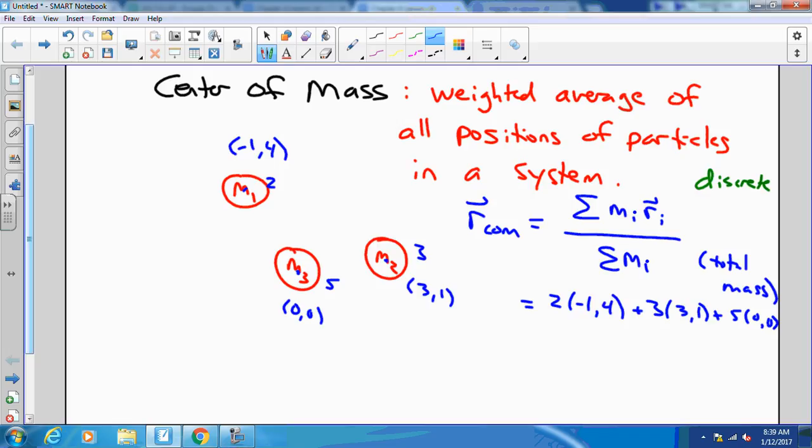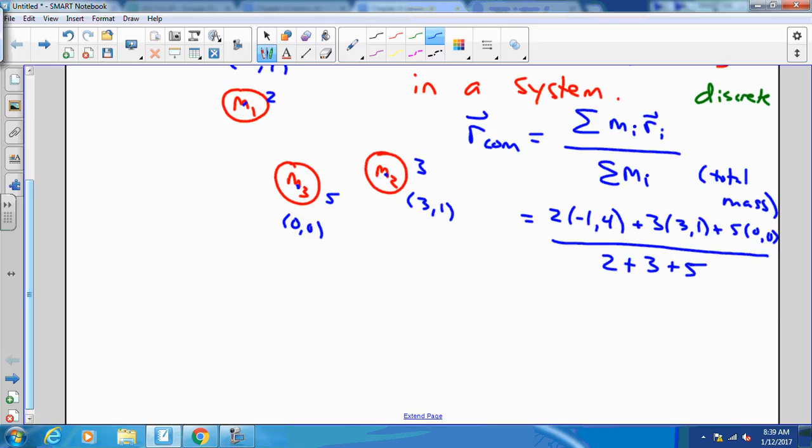At first it seems strange that we're doing 5 times 0, 0, because it seems like we're just zeroing out the influence of the 5 kilogram object. But that influence shows up in 2 places. One of them in the top, but in the bottom, it also shows up in the total mass. So what that 5 is doing is diluting the effects of the other masses.